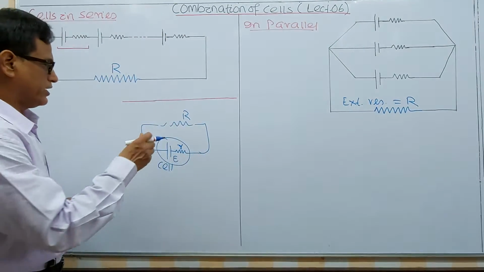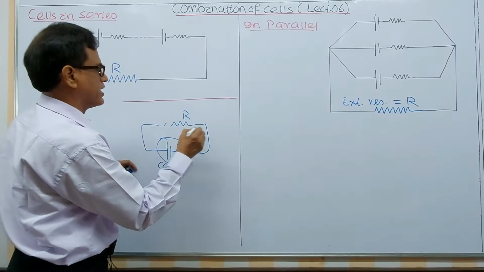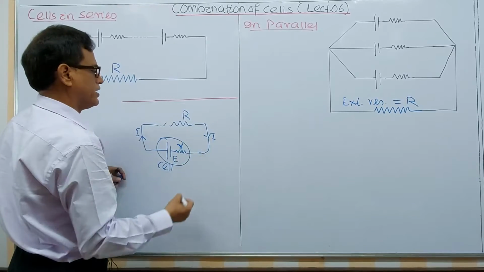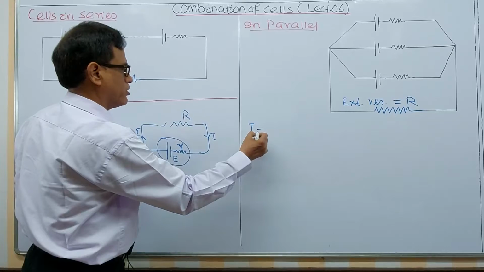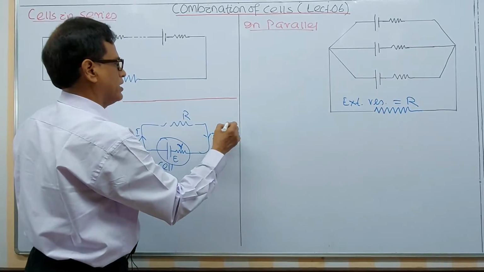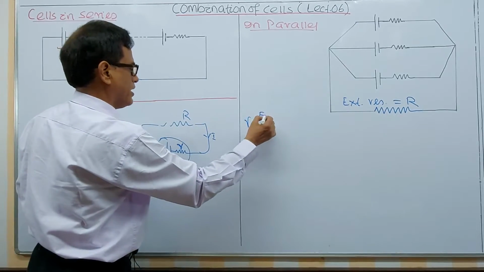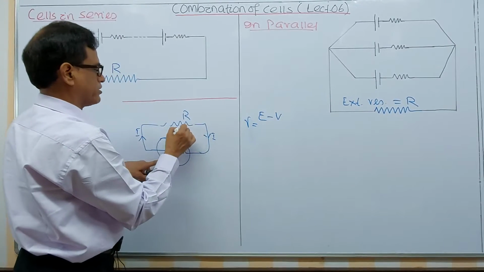And accordingly, in the last class we defined the internal resistance of the cell. If the current is I in the circuit, then we have defined a formula in the last class. r equals the internal resistance of the cell, which is EMF applied minus voltage developed across the external resistance.